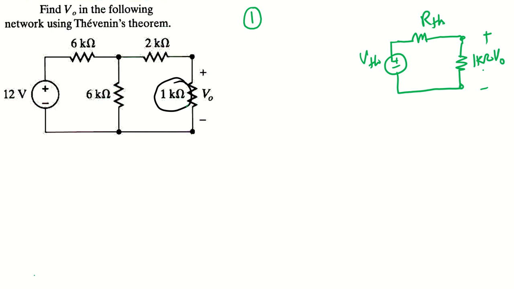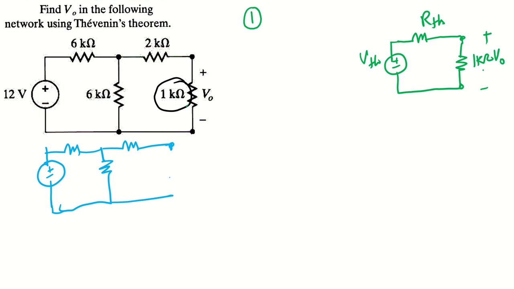Second, draw the circuit. Once you remove that, if we redraw our circuit, it will look like this. Remove means we are making the branches open circuit at that point. So this is 12 volt, this is 6 kilo, this is 6 kilo, this is 2 kilo.